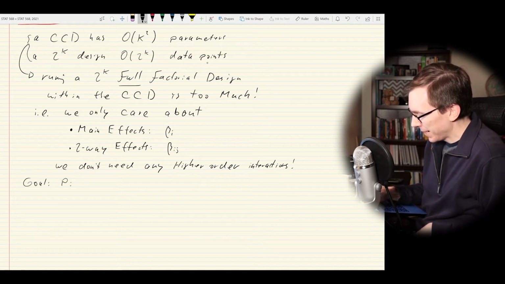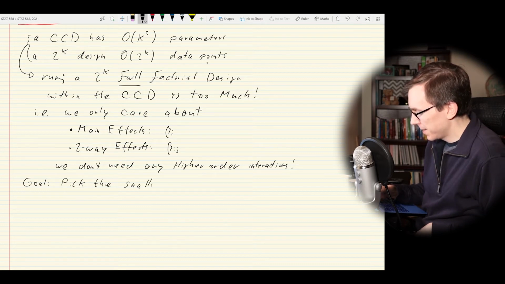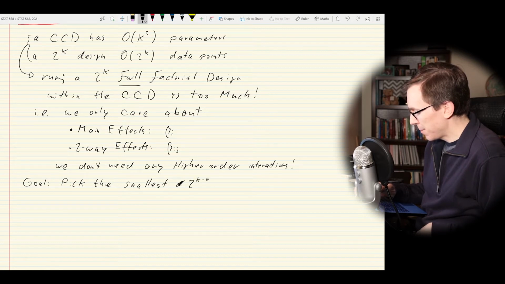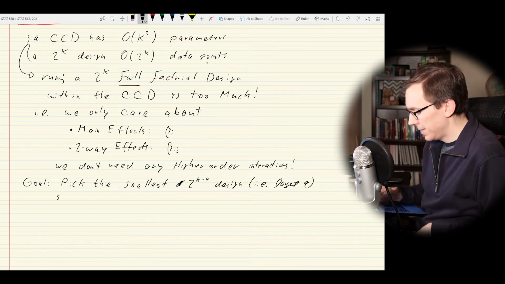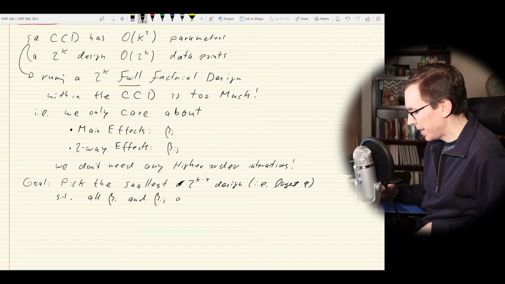We basically pick the smallest 2 to the k minus q design, i.e. largest q, such that all beta i and beta ij are estimable.